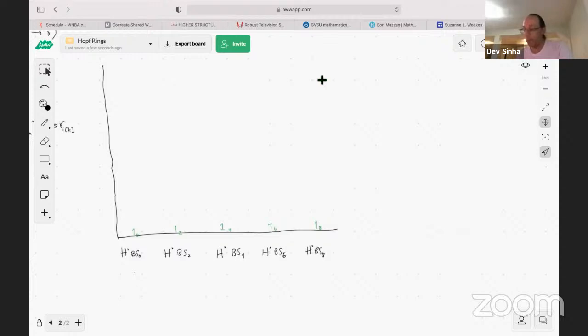So I'll have gamma 1, which is in degree 1, and then gamma 2, which is in degree 3. And then the next thing that occurs, there's not one on BS6. The next thing that occurs is on BS8, and there's a gamma 3 in degree 7. So these are sort of going up exponentially. The next one would be for BS16, there's a gamma 4. So there are those classes.